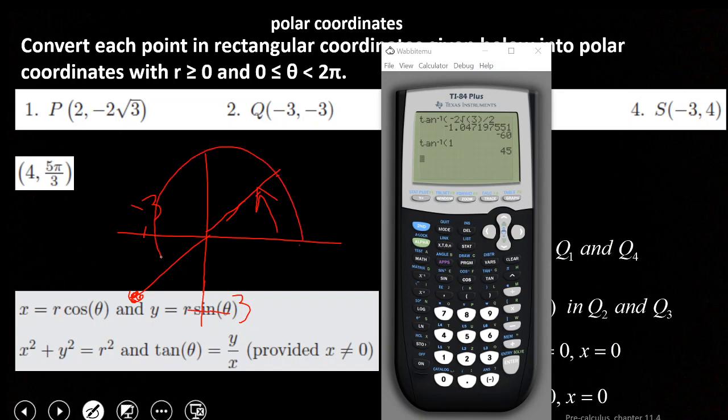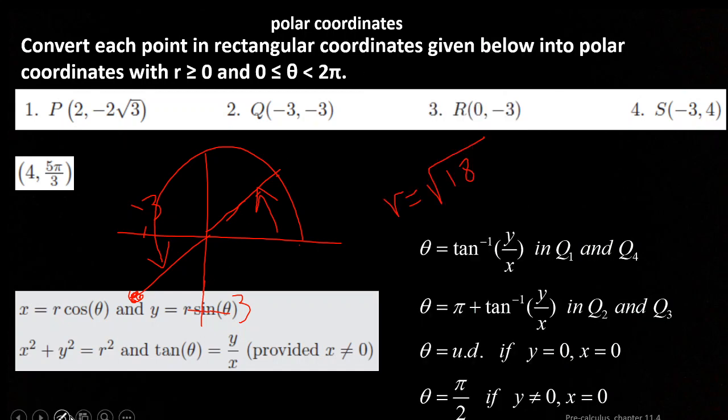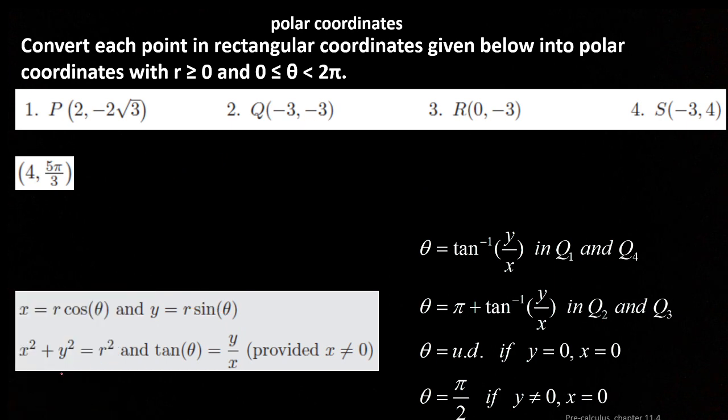We want this angle, right? So what is that angle? Well, we have to add what? Pi to it. And if we add pi to it, then we get the correct answer. So let me erase this. What is pi plus pi over 4? Well, it's 5 pi over 4. And square root of 18 is 3 square root of 2.